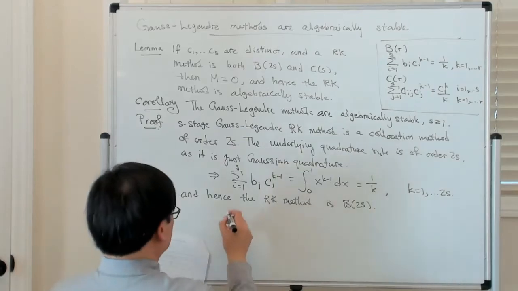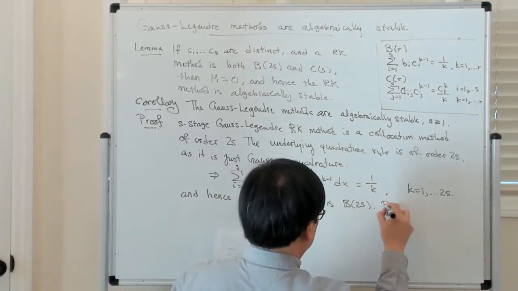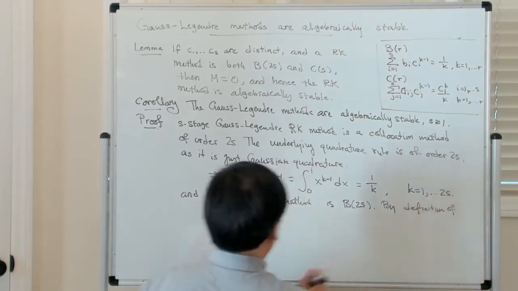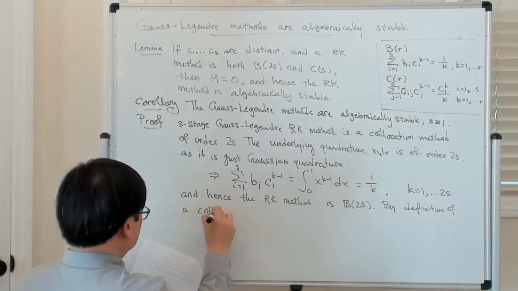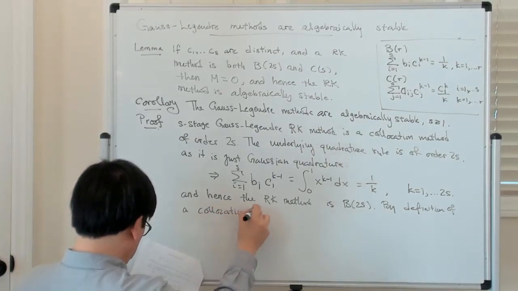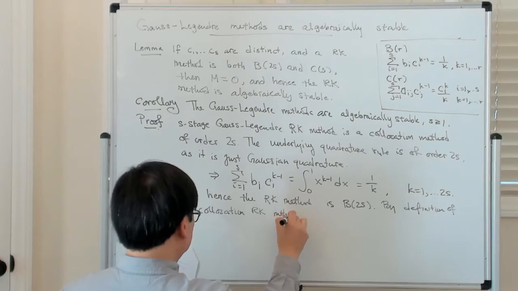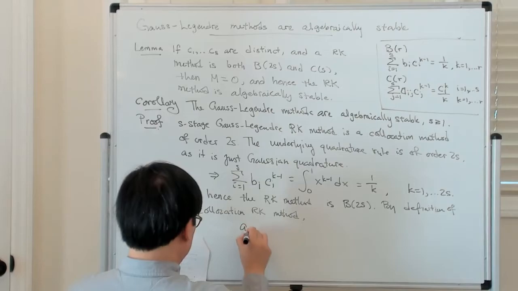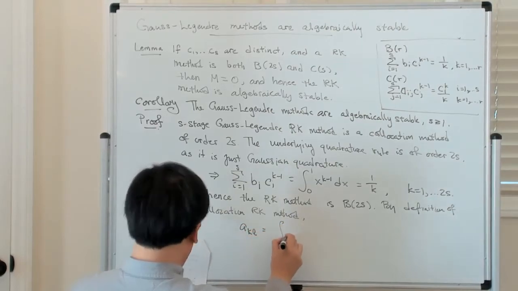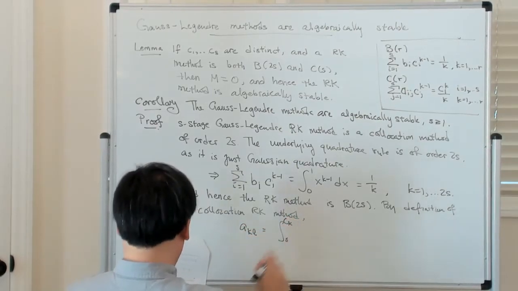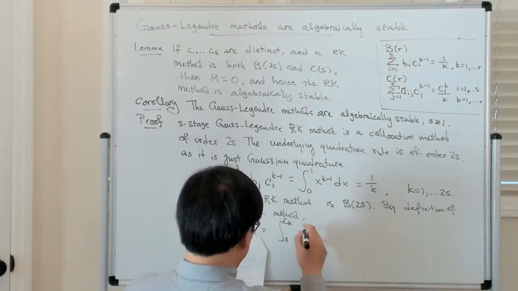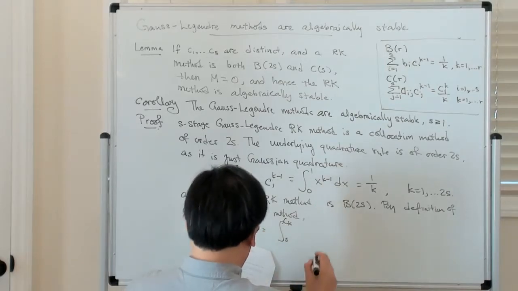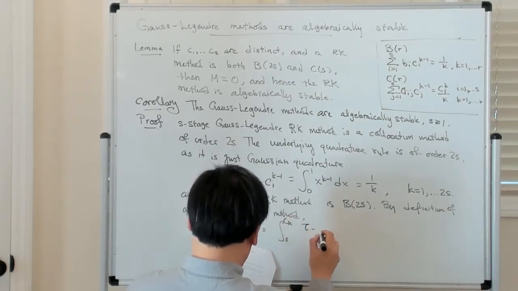And then, by definition of a collocation Runge-Kutta method, a_kl is equal to the integral from 0 to ck of the Lagrange polynomial.